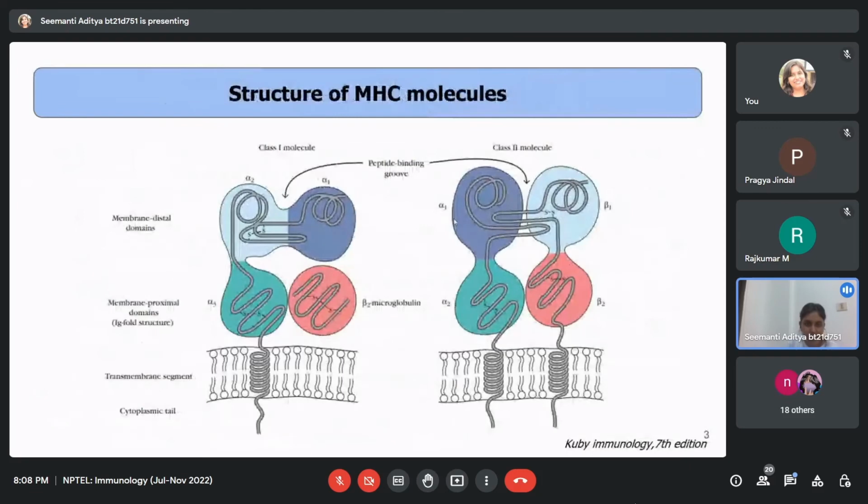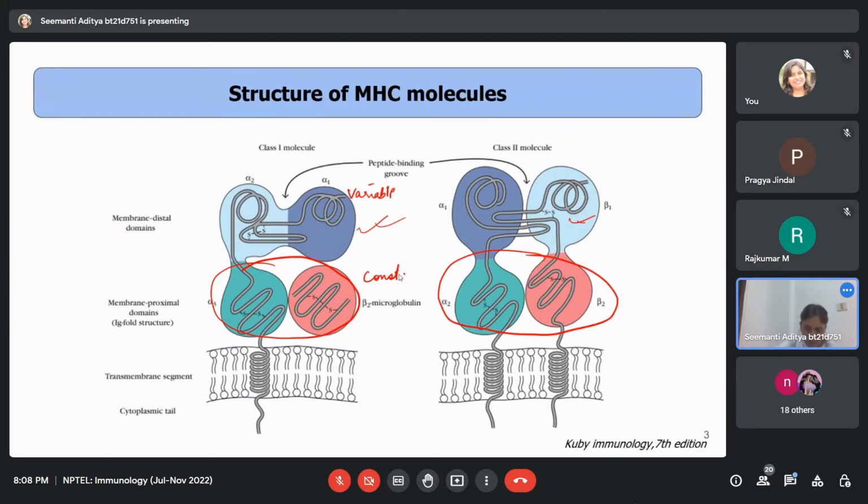These are the regions which are constant in case of MHC molecules, more or less constant, and these are the variable regions. All the membrane proximal domains that are not directly interacting with your peptide are constant regions, whereas the regions which are interacting with your peptide are the variable regions. This is the constant.